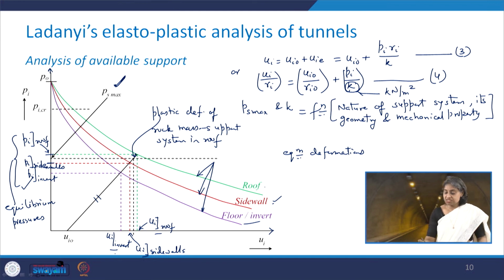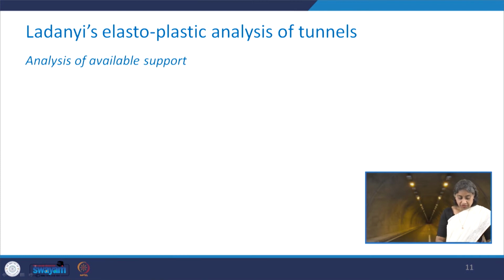The question comes here: how to determine this stiffness? For all the different types of support systems such as shotcrete, steel sets, rock bolts, you have separate expressions for this stiffness that we will see in a short while.